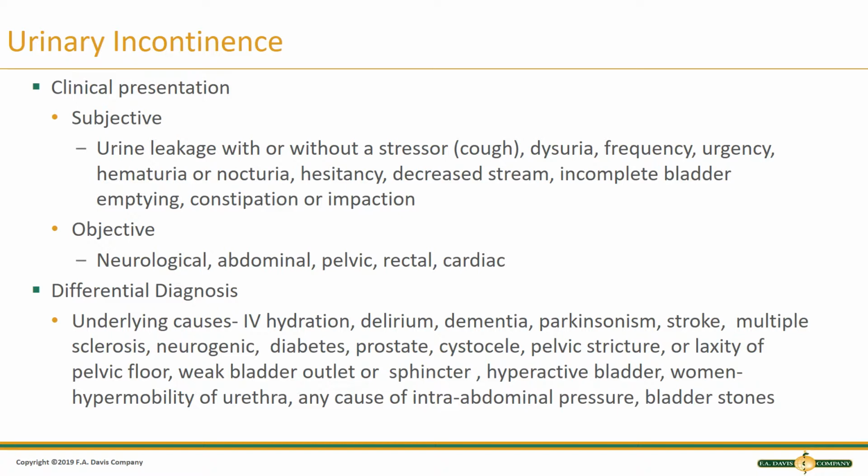So then that takes us to our next part of this slide. What are the potential differential diagnoses that you might want to consider? Well, certainly if your patient is on IV hydration, they may not have the ability to control the volume of urine that's going to be produced secondary to the hydration.